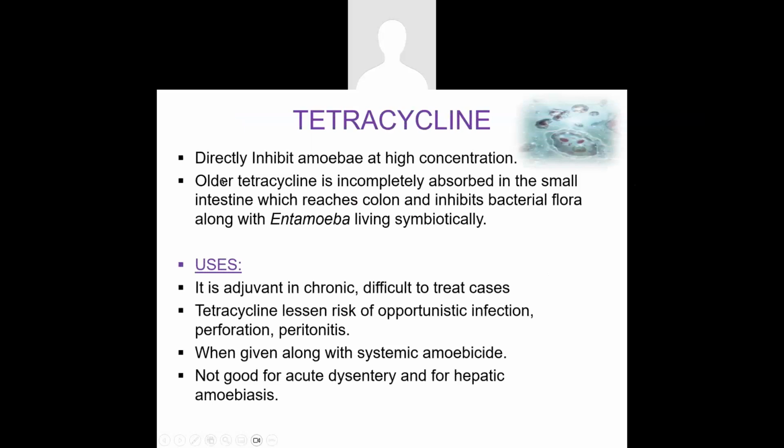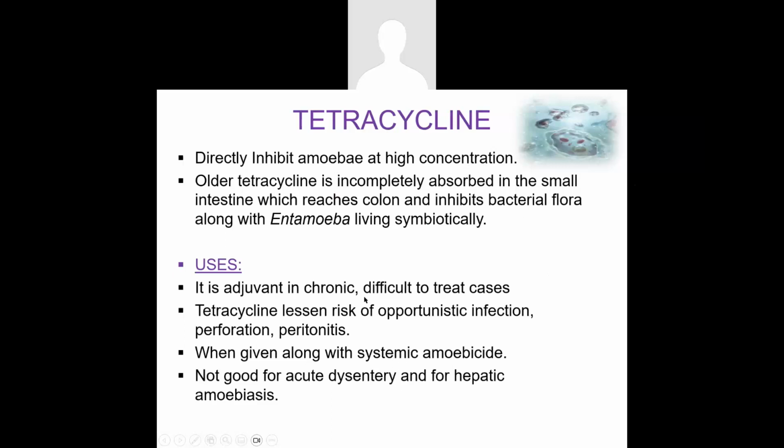For tetracycline, it inhibits amoeba at high concentration. Tetracycline is incompletely absorbed in the intestine, so it reaches the colon and inhibits bacterial flora along with the Entamoeba histolytica, which lives symbiotically.